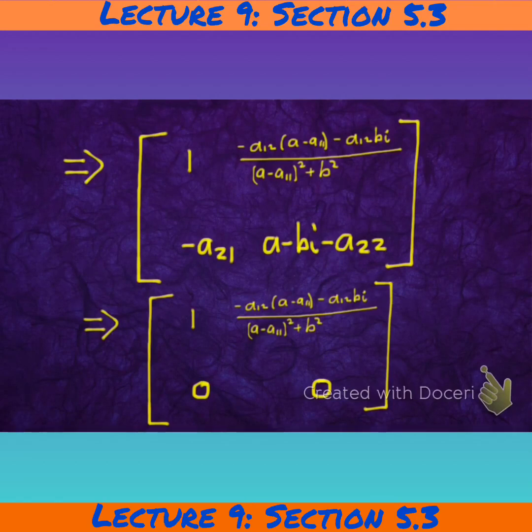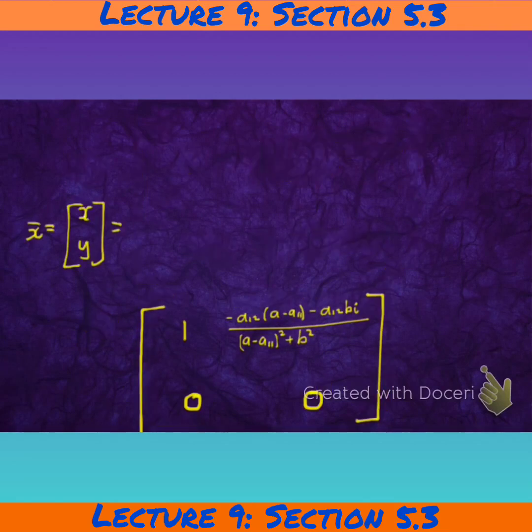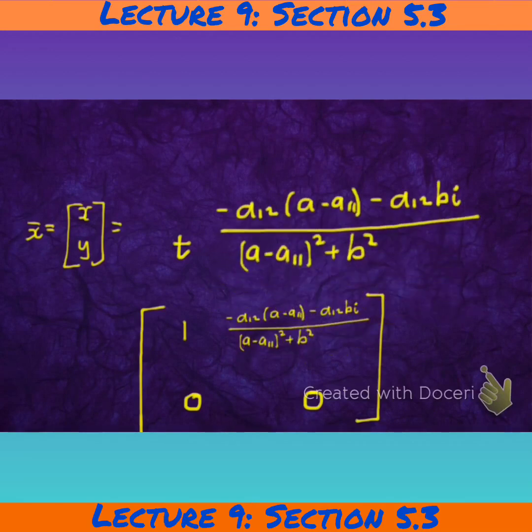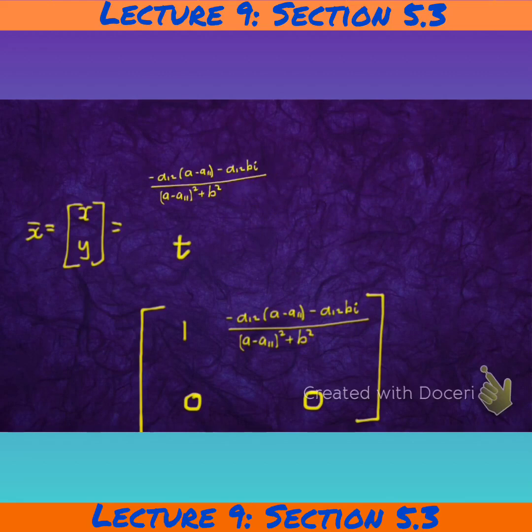and now we can find the basis for the eigenspace corresponding to lambda. So my basis is going to become, basically we introduce a parameter t for the variable y, and that is going to be t, and then we solve for x in terms of the parameter t, and we get that term there.